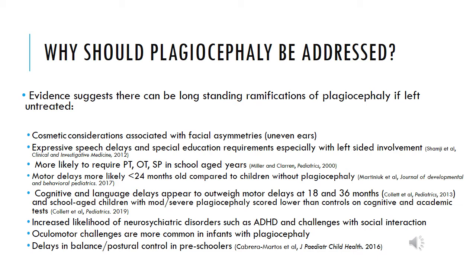Additionally, there's also evidence to support that vision is a problem with these children, which makes sense when we think about some more severe forms of plagiocephaly where the occipital orbit might also be malaligned due to the positioning.